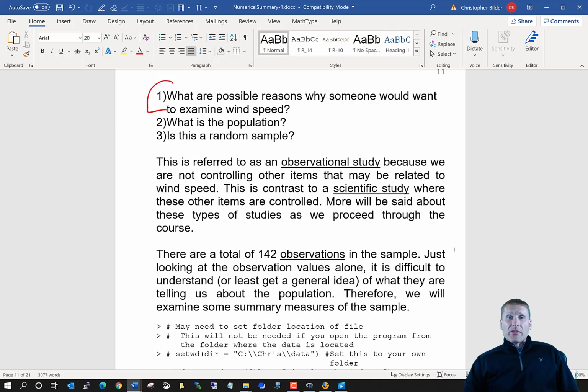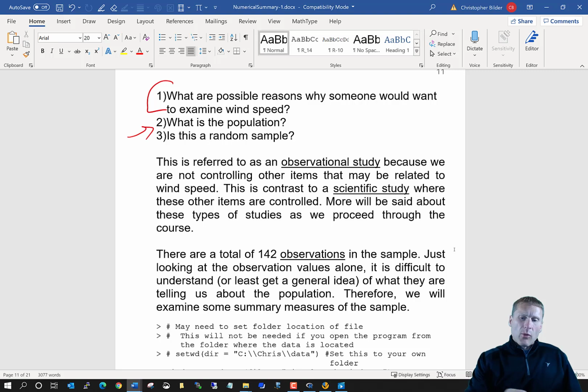Utility companies need to understand how windy certain locations are to decide if they're going to put a wind farm up. And they need to then use the information about average wind speed in those locations to get a judgment of how much electricity will be generated from this wind farm.